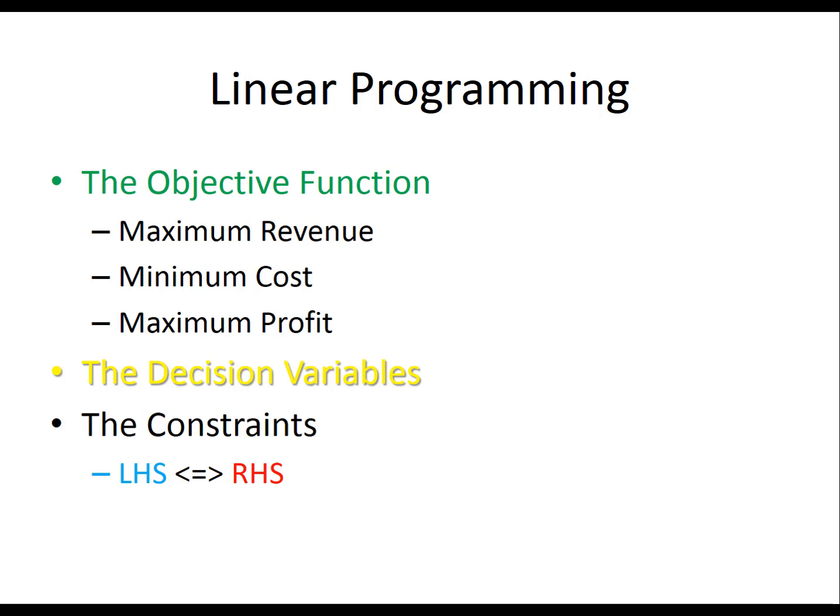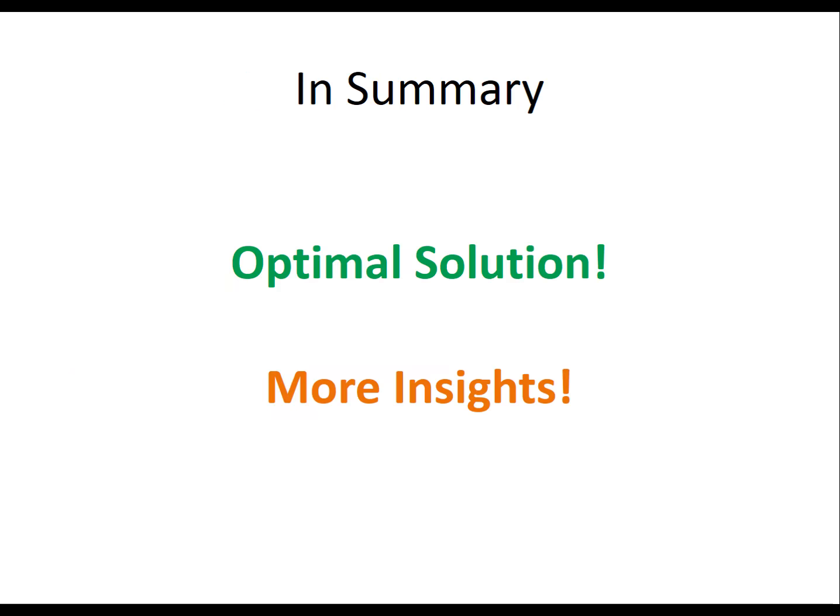In our color coding scheme, the left-hand side of the constraint will always be blue, and the right-hand side will always be red. So in summary, with linear programming, we are trying to find the optimal solution.